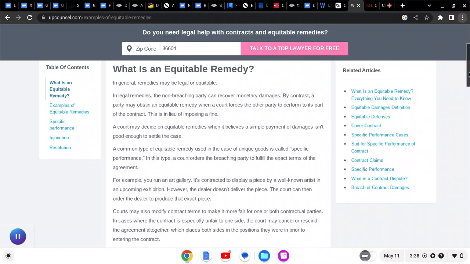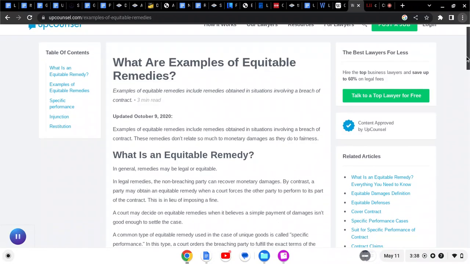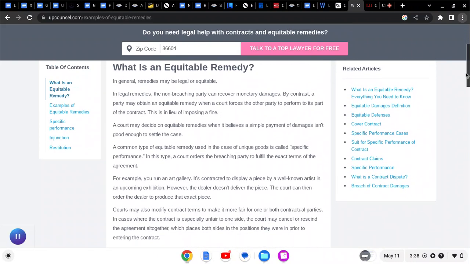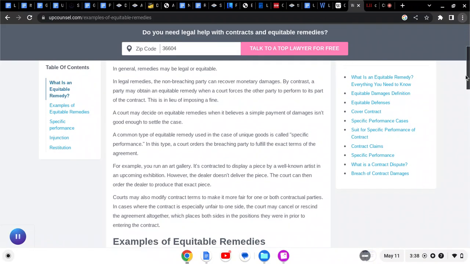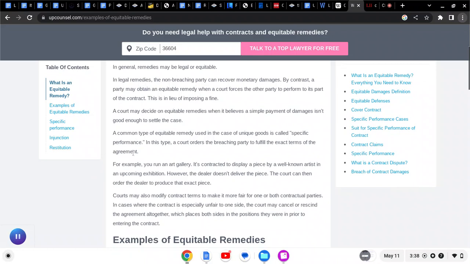I'm not going to read all of this stuff. I'm going to read you some of it. A common type of equitable remedy used in the case of unique goods is called specific performance. In this type, a court orders the breaching party to fulfill the exact terms of the contract.